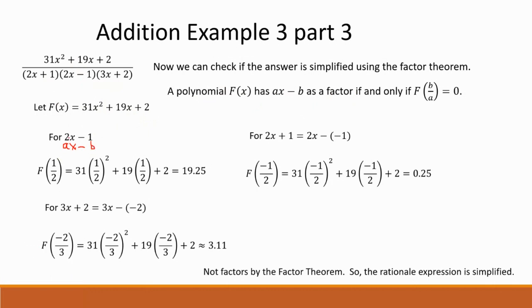We could take a to be 2, b to be 1. And then we have 2x minus 1 as a factor if and only if capital F of 1 over 2 is 0. So this is what we get. Capital F of 1 over 2 is 0. Okay? That's what we get here.